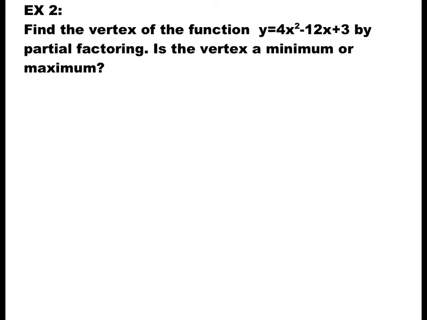In the next example, we have to find the coordinate of the vertex of the function y equal 4x squared minus 12x plus 3 by partial factoring. To find the vertex using partial factoring, first we have to understand the following fact.